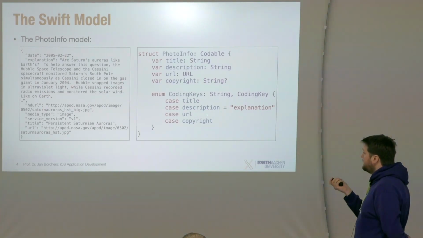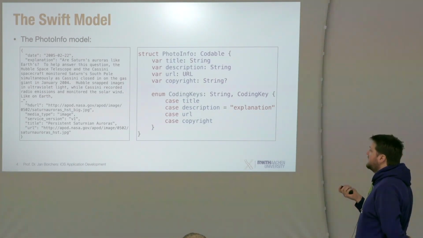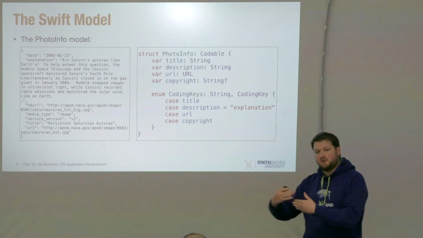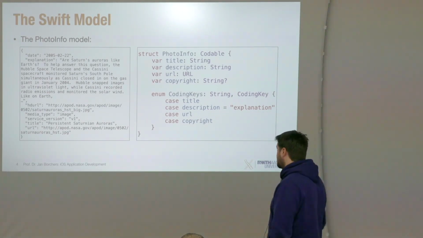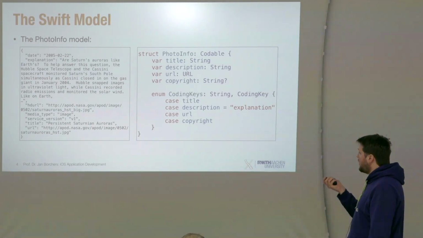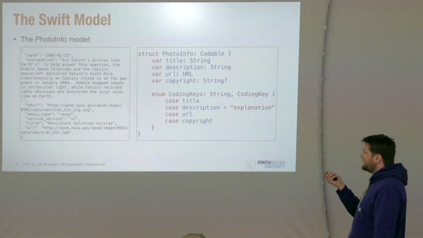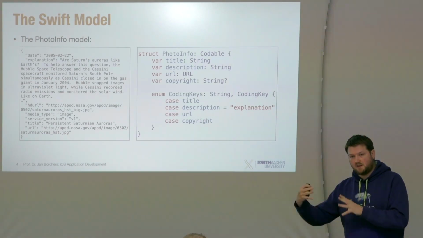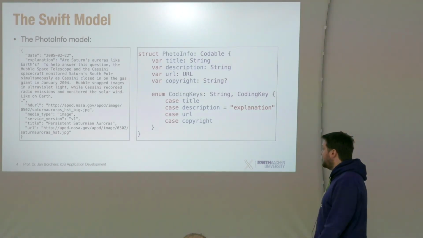And there you list, again, the names that your keys should refer to. So we have our title, the URL, and the copyright. They are essentially just repeated here. Those are the keys that are needed.